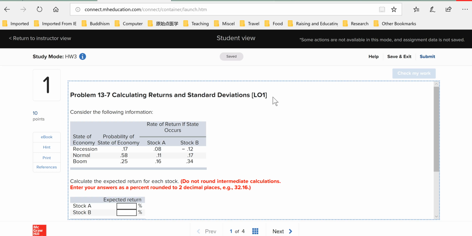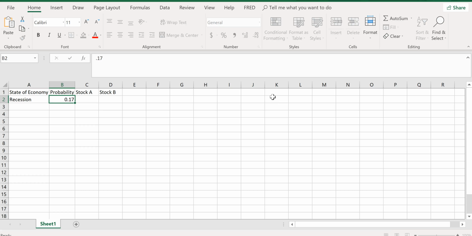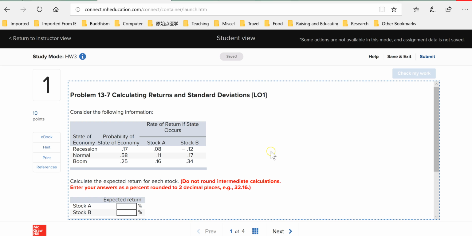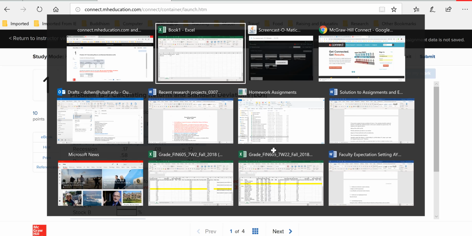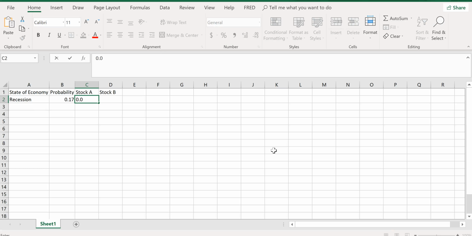Under recession, the probability is 0.17. That simply means the recession happens with 17% probability. And under recession, the return for stock A is 0.08, so that's 8%.